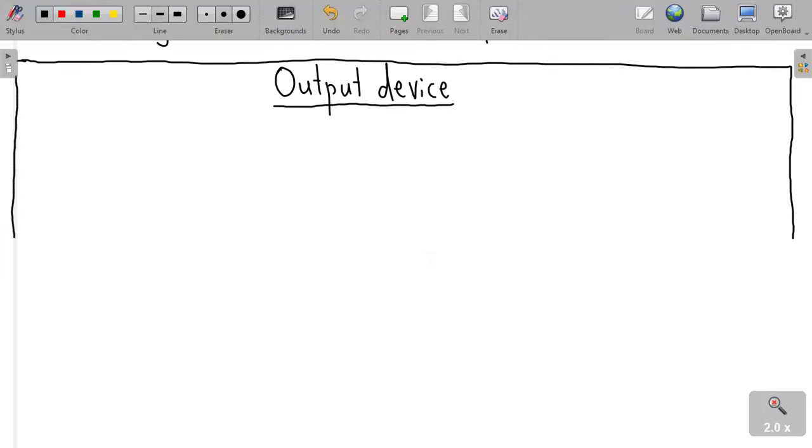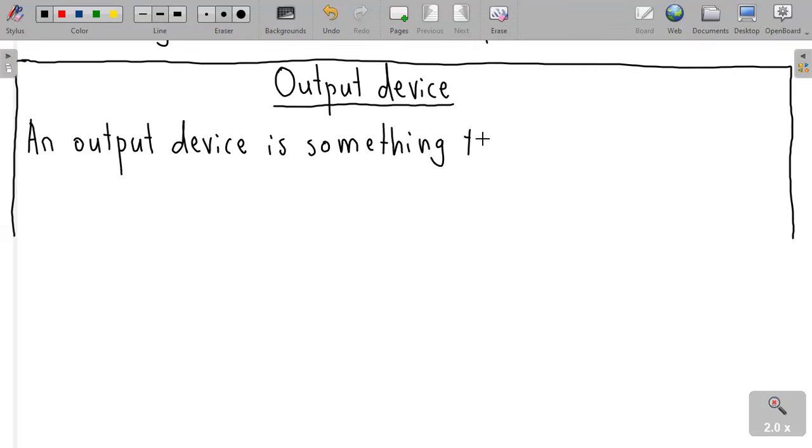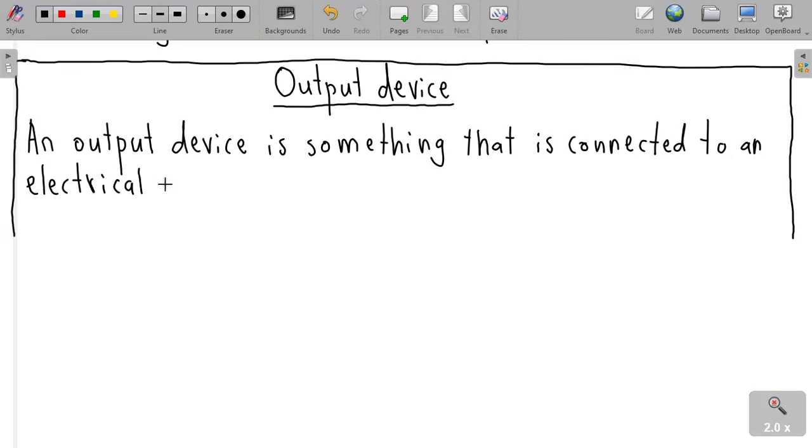An output device is something that is connected to an electrical circuit.